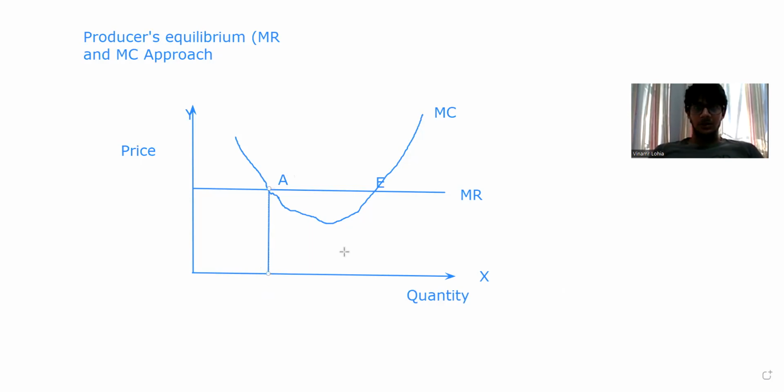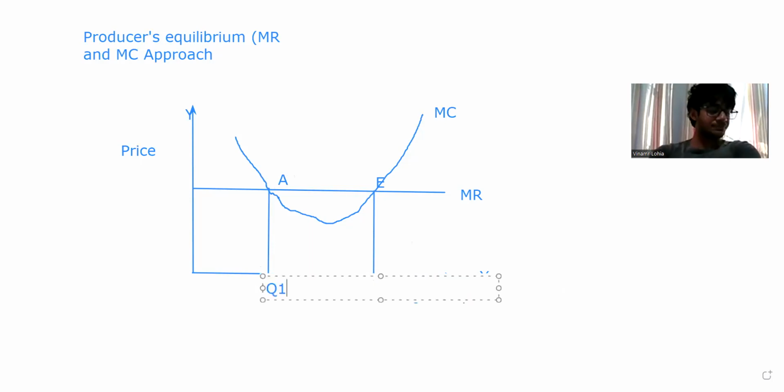So this is the graph for the producer's equilibrium for the MR and MC approach. This can be named as Q1 and Q2. So is it similar to the notes?